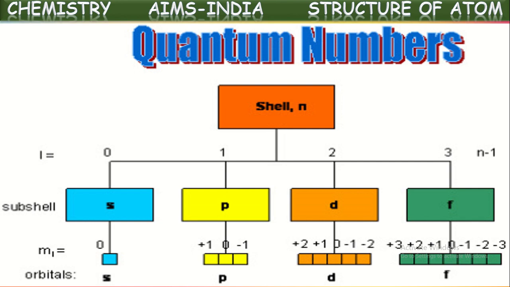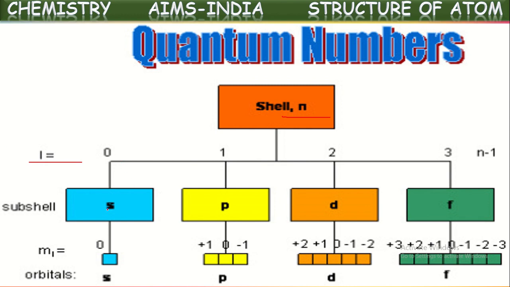See the overall picture of the quantum numbers. First, the shell or orbit is represented by the first quantum number, the principal quantum number, which will contain different subshells. Those subshells are represented by the azimuthal quantum number 0, 1, 2, 3. 0 means s subshell, 1 means p subshell, 2 means d subshell. In this way, subshells are represented with azimuthal quantum number L. In the subshell again there are different orbitals.